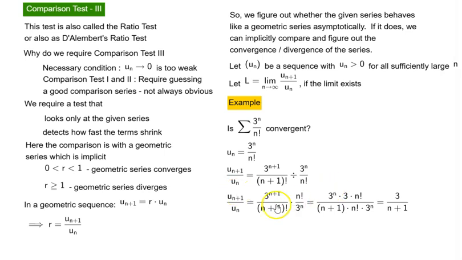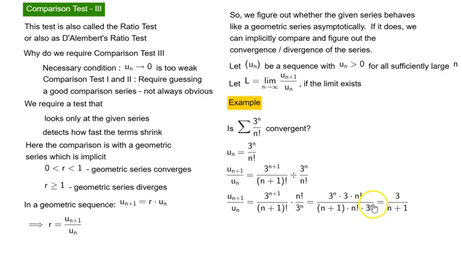Now, multiplying by its reciprocal, we get 3 to the power of n plus 1 by n plus 1 factorial times n factorial by 3 to the power of n. We split 3 to the power of n plus 1 as 3 to the power of n times 3, and we split n plus 1 factorial as n plus 1 times n factorial.